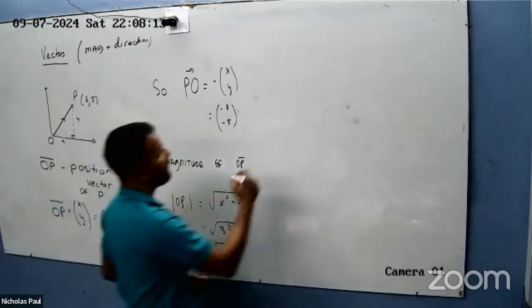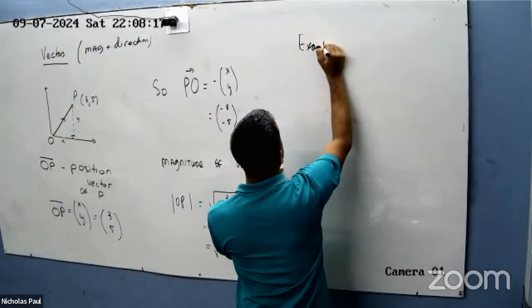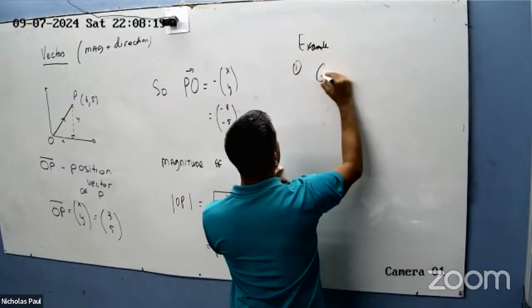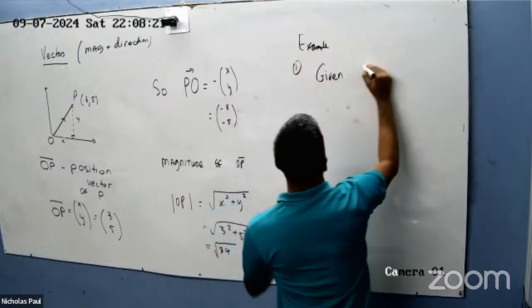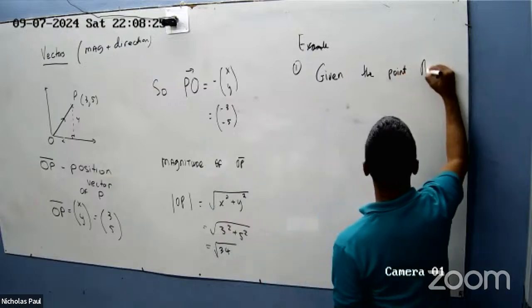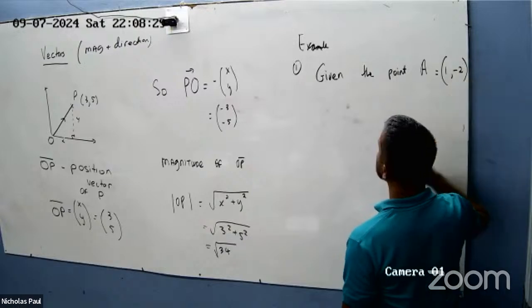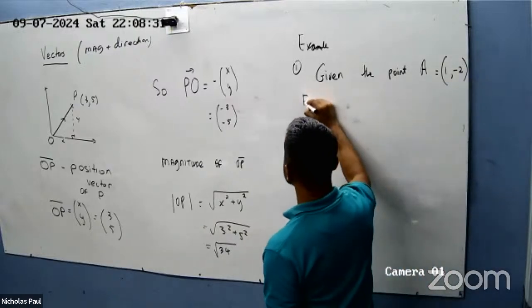All right, so as a quick example for me, let's say given the point A, the point A is (1, -2). I want you to find a few things for me.